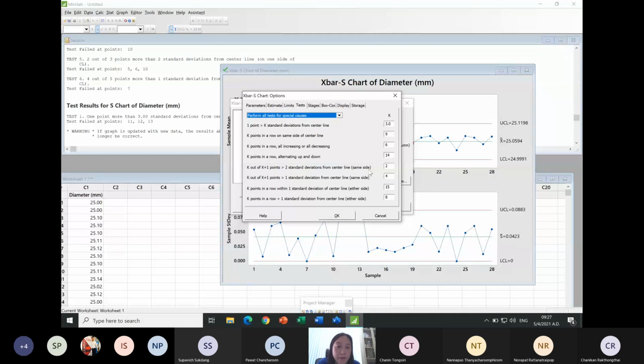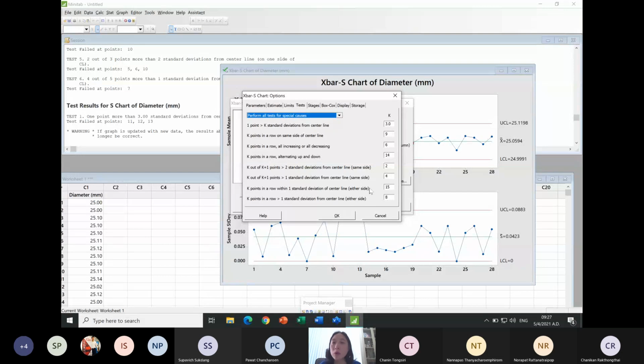Rule number 7 is 15 points in a row within 1 standard deviation from the center line. So this test is run in zone C. Run means consecutive points within one standard deviation from the center line, which we call zone C. So this test is called run in zone C. And we have to know that run in this case needs 15 consecutive points.